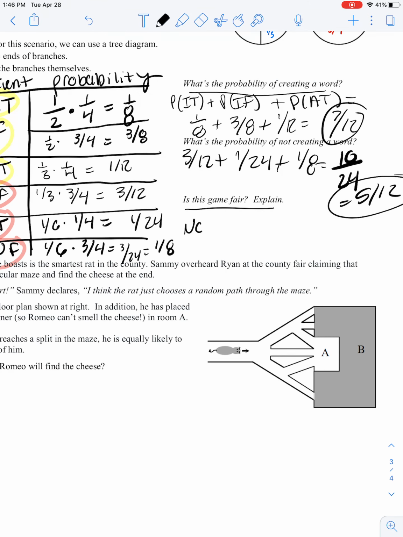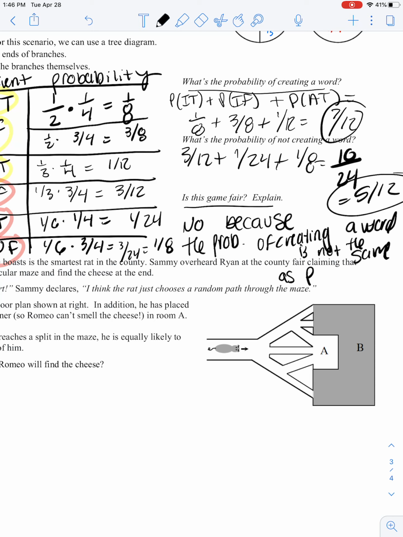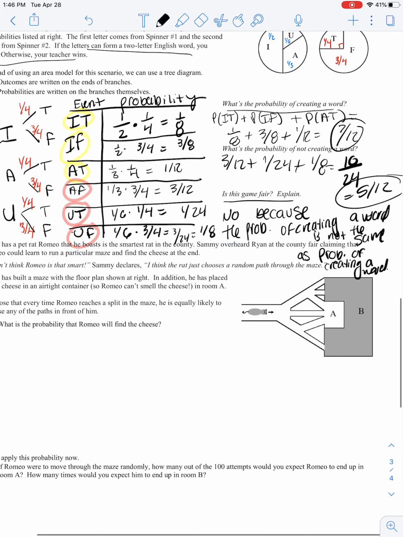So it's not fair because the probability of creating a word is not the same as the probability of not creating a word. If they were the same, then it would be fair, but since they are not the same, it is not fair.